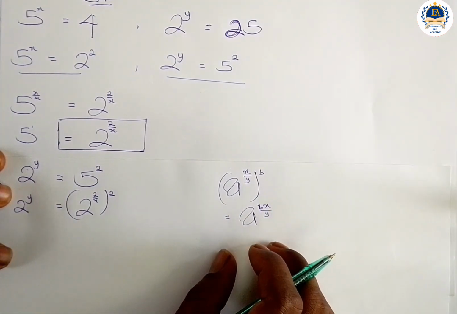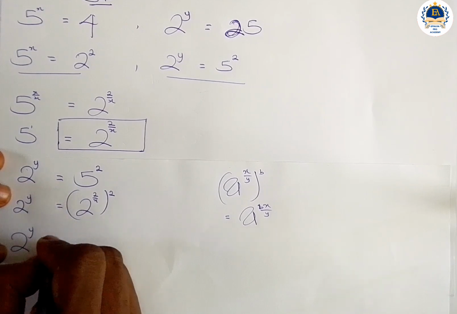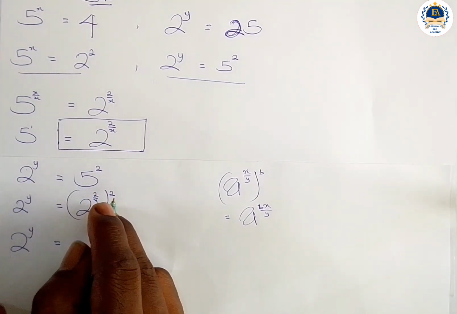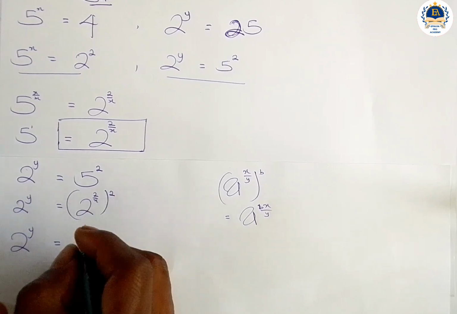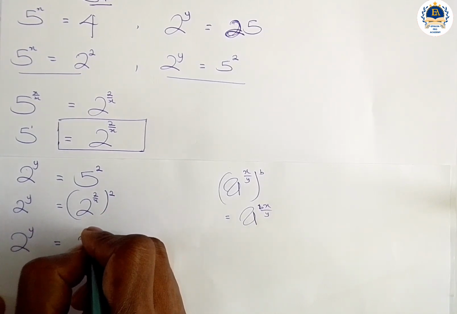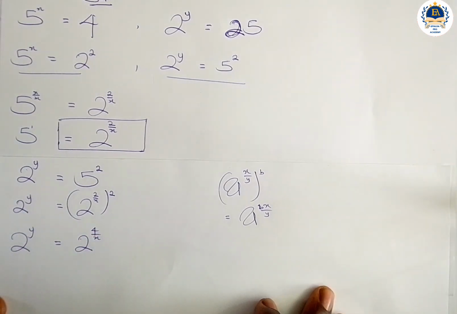Let us apply the same principle over here. If you multiply these indices, we obtain 2 raised to the power of 4 over x.